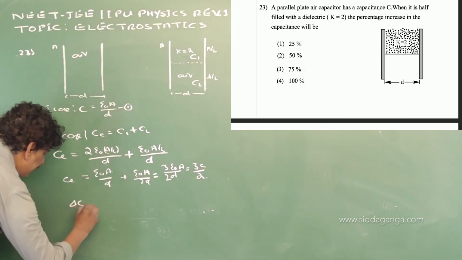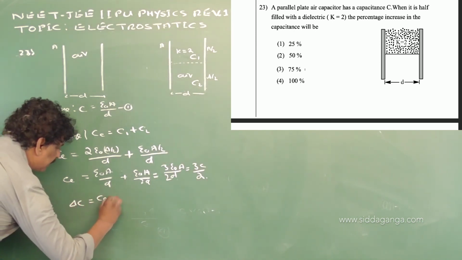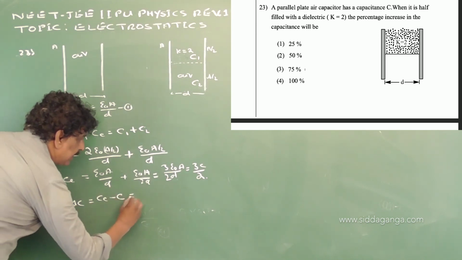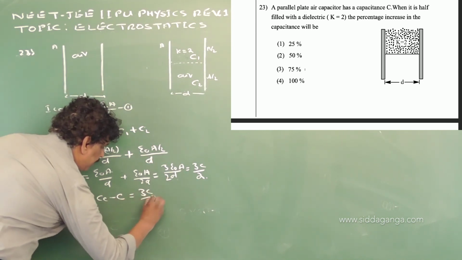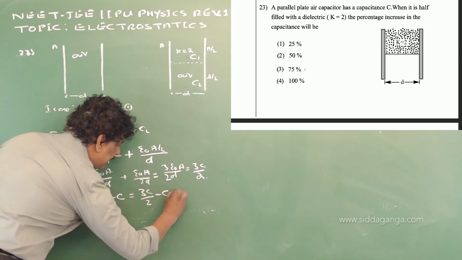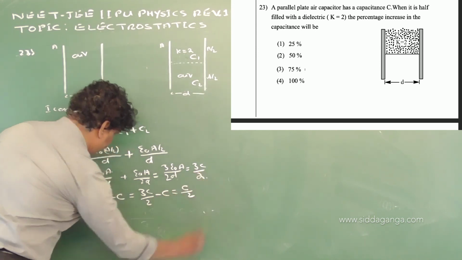Now, the change in capacitance delta C is equal to CE minus C, that is equal to 3C by 2 minus C, is equal to C by 2.